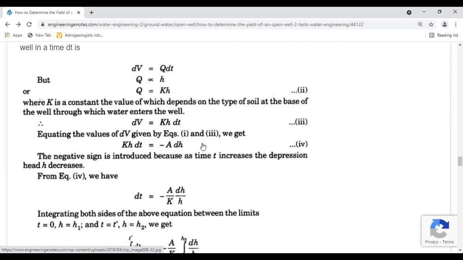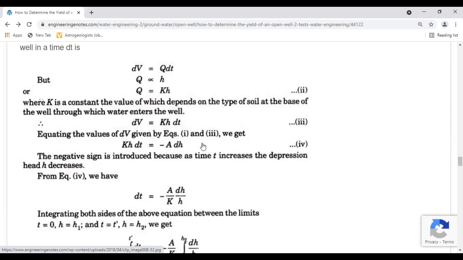Equating the values of dV given by equations 1 and 3, we get KH dt is equal to minus A into dH. The negative sign is introduced because as time t increases, the depression head H decreases. From equation 4, we have dt is equal to minus A dH by KH.